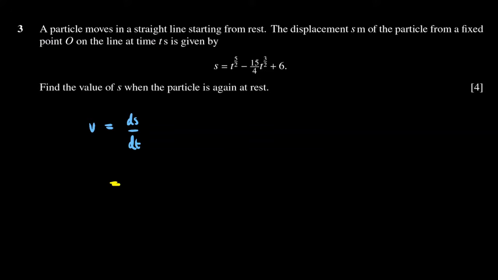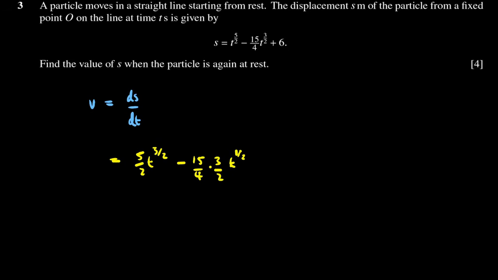If I differentiate, I get 5/2 t^(3/2) minus 15/4 times, bring the 3/2 down, t^(1/2), and then 6, if I differentiate it, I just get 0, because it's a constant term.